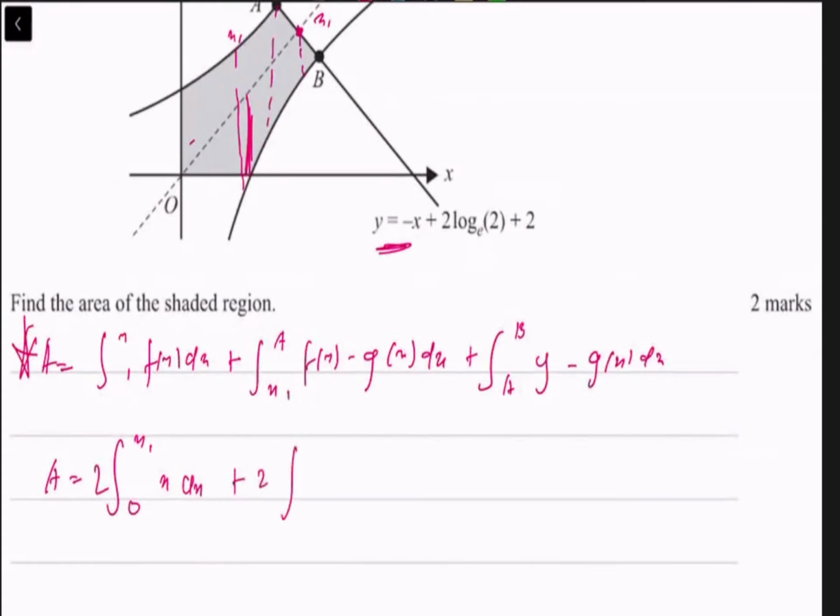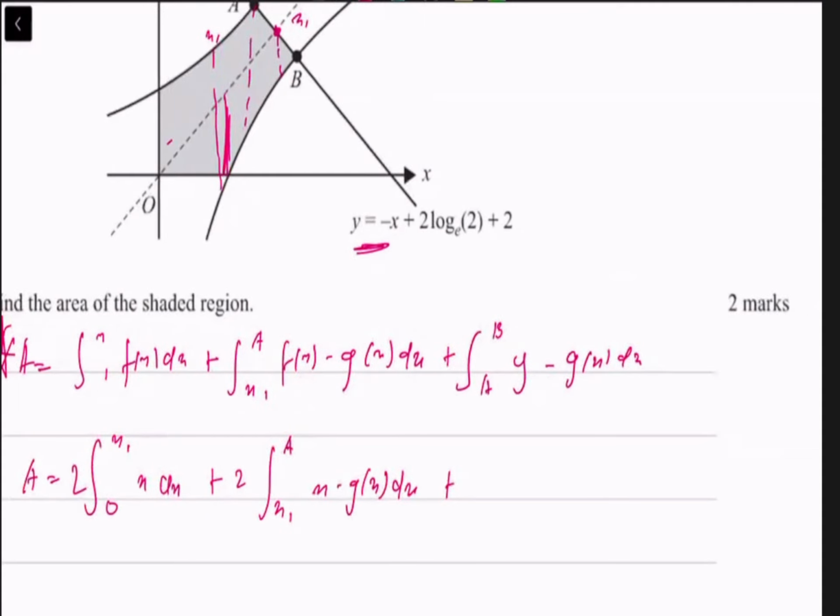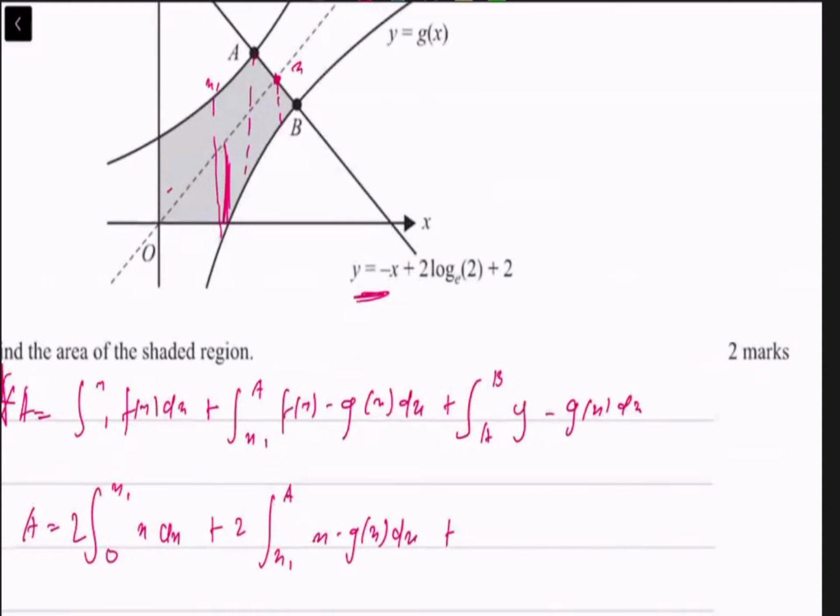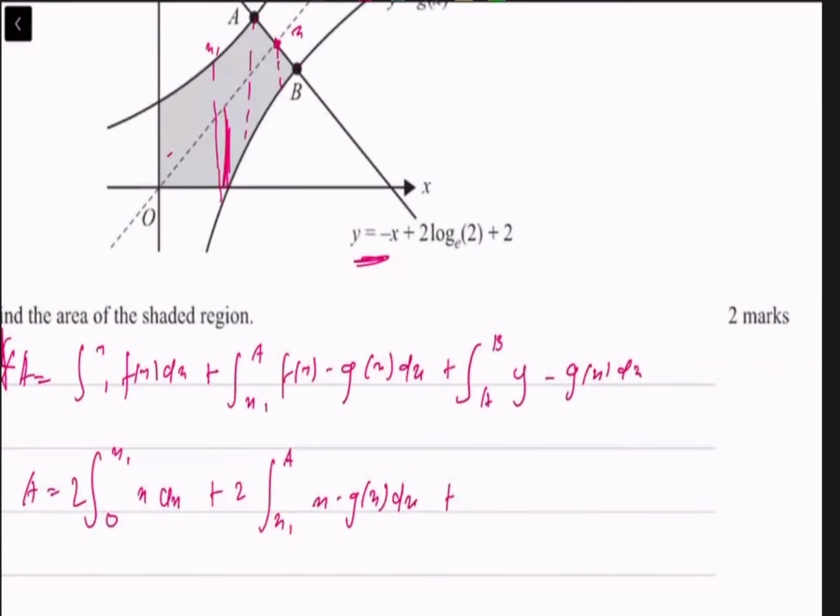So plus 2 times the integration, sorry, a to x1 of x minus g(x) dx. Sorry, this is x2. Oh no, so x2 to x1.